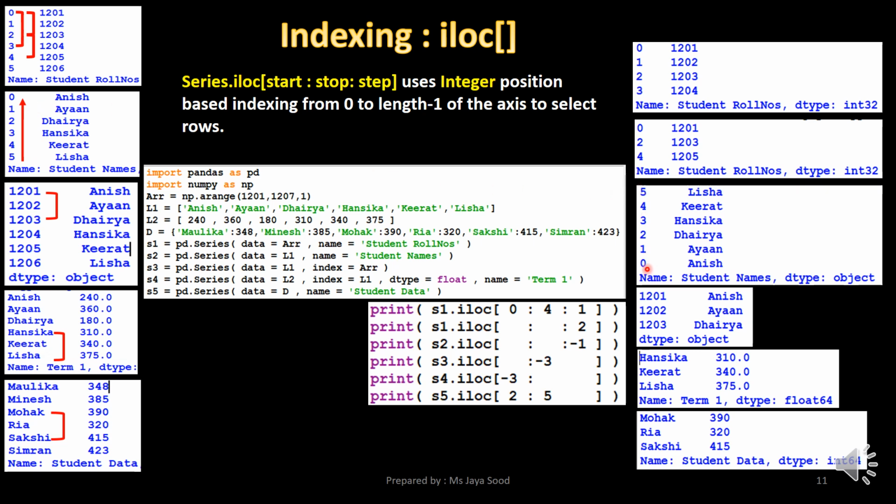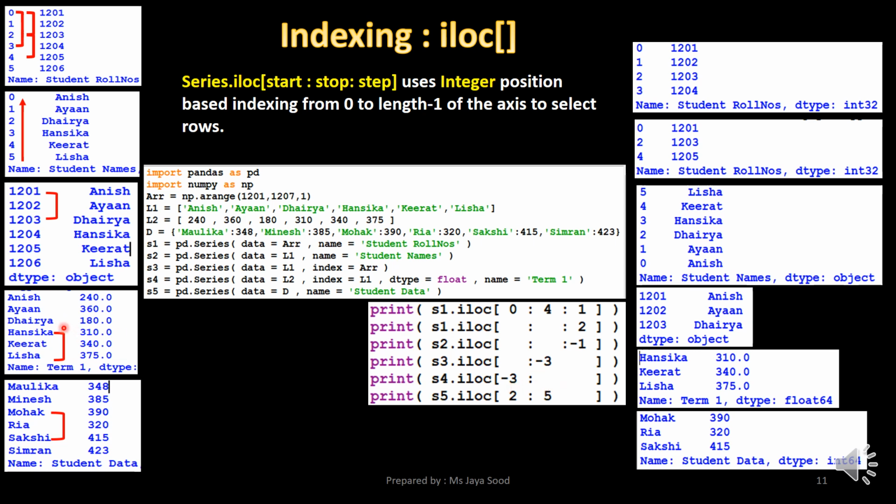The next statement, print s3.iloc[:-3], will start the selection from the 0th row and will stop before the third last row. So it will display the rows from the series S3 until the third last row as shown here in the output. The next statement, print s4.iloc[-3:], will start the selection from the third last row and will go till the end of the series.